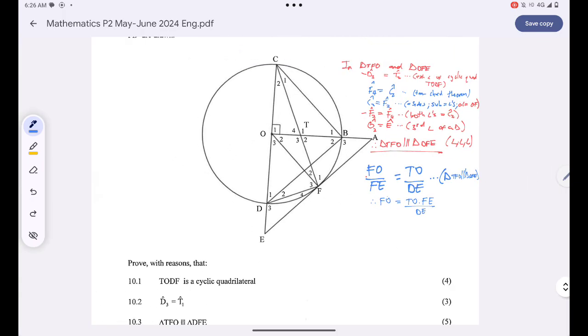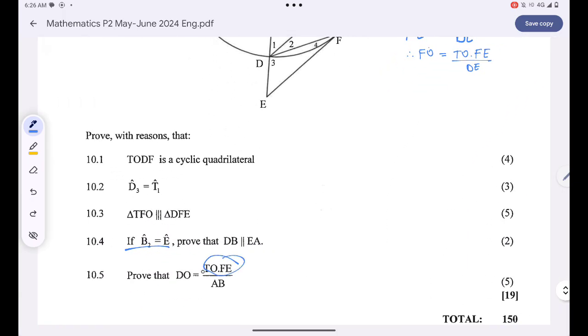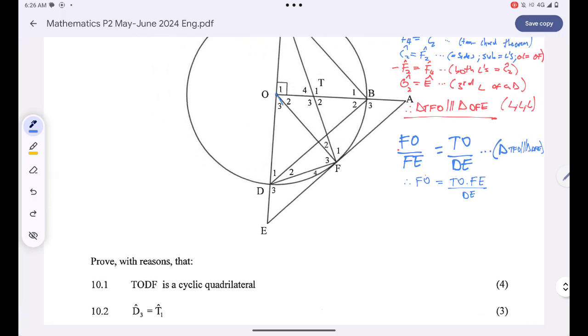Are you together? So I already have the numerator, which is on my right hand side, and I know that FO and OD are equal. FO and OD are equal because they are just the radii of my circle. Right? So FO is just equal to DO. Radii.